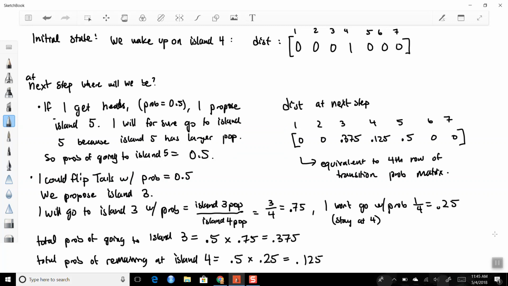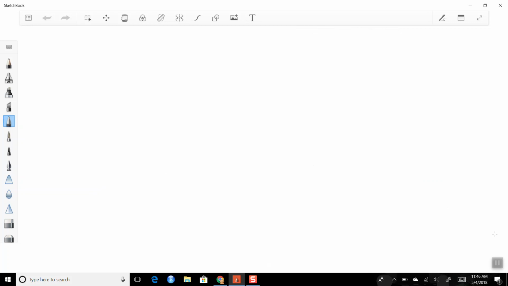So I'll start filling this out, and I'll leave the rest for you to do. So we can build a transition matrix for all 7 islands.